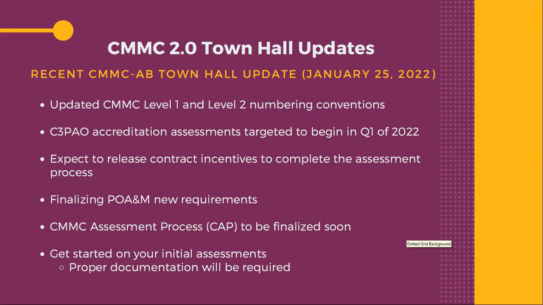The foundation going forward will continue to be NIST 800-171. What they have done is taken the previous CMMC numbering conventions and the current NIST numbering conventions and combined them. When I show you how we've already updated our tools, you'll see the difference in the numbering conventions.